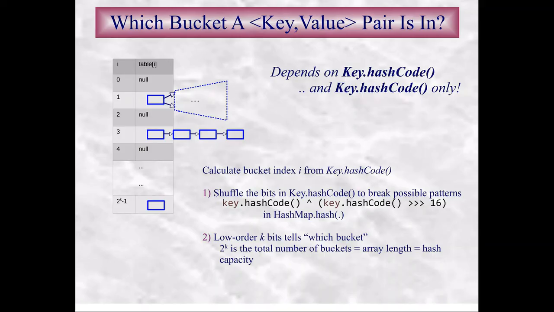Which is what HashMap is interested in at this point, because it has 2^k buckets. This is why HashMap keeps the size of the table always a power of 2. The bitwise operations are very easy.